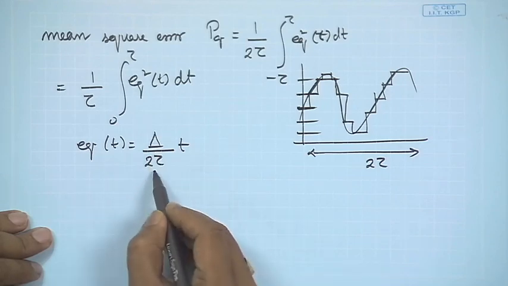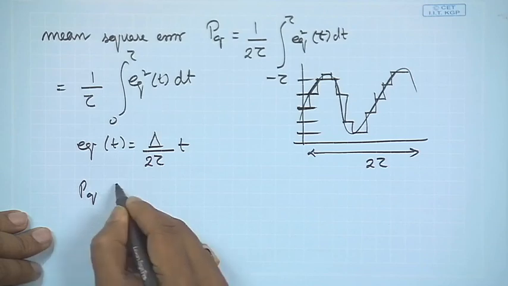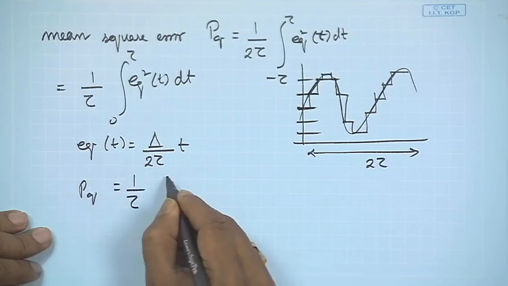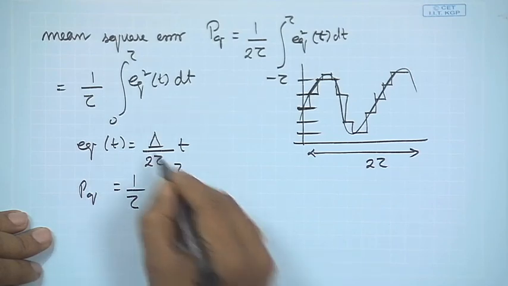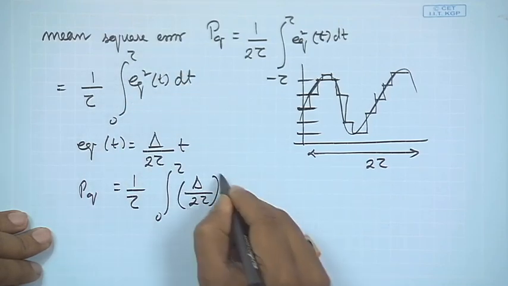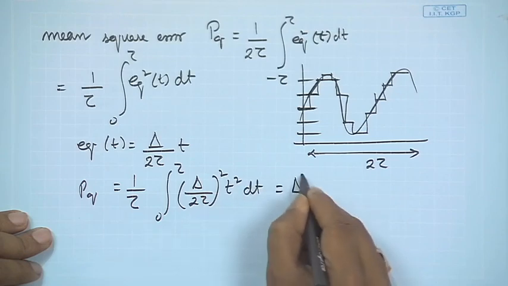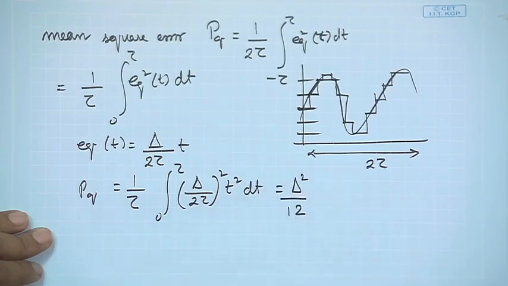You can say delta by 2 tau times t is the error, then you could calculate Pq as 1 upon tau integral 0 to tau of delta by 2 tau squared t squared dt, which is equal to delta squared upon 12.